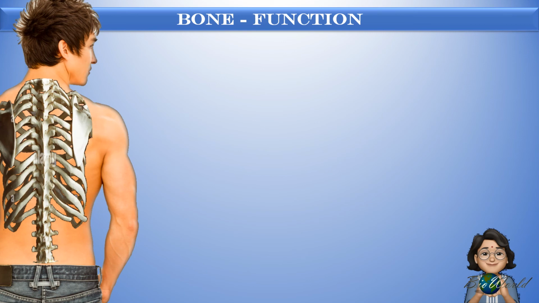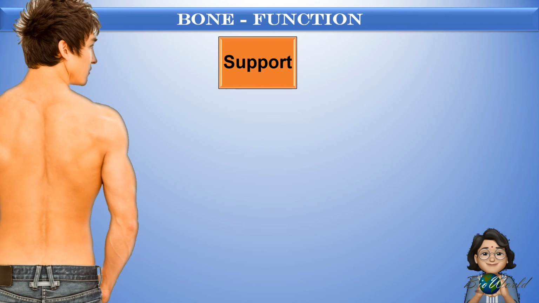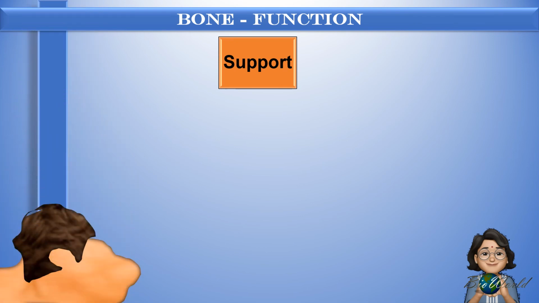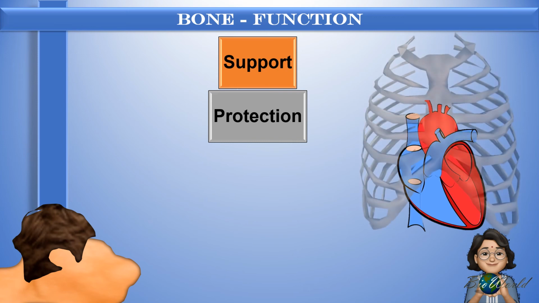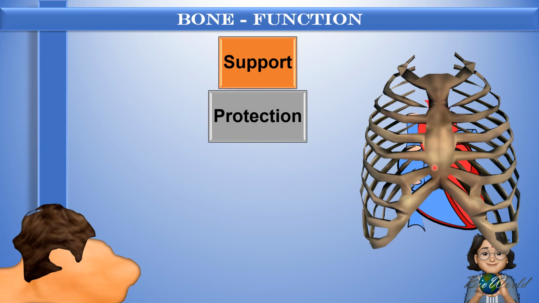Now the function of the bone, as we already understand, is to support. Can you imagine if we did not have bones, our whole body would collapse into a lump. Besides supporting, bones are also necessary to protect important organs. For instance, our heart is protected by the rib cage, or our brain is protected by the skull.